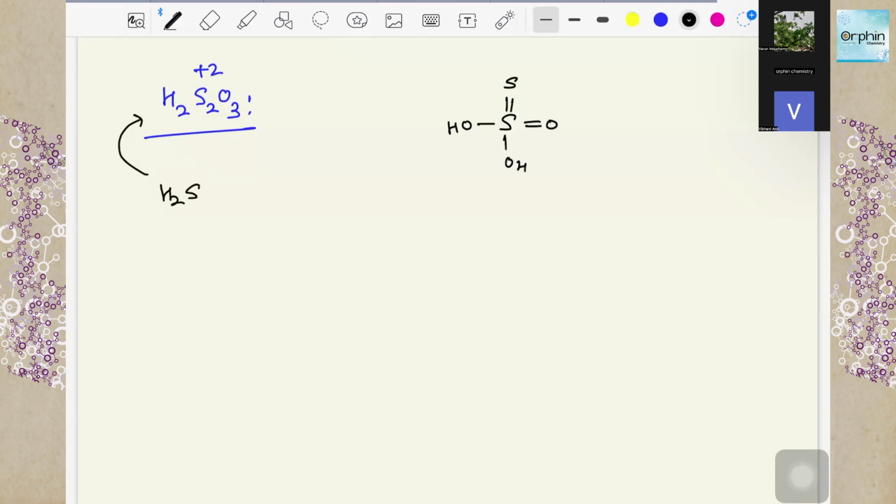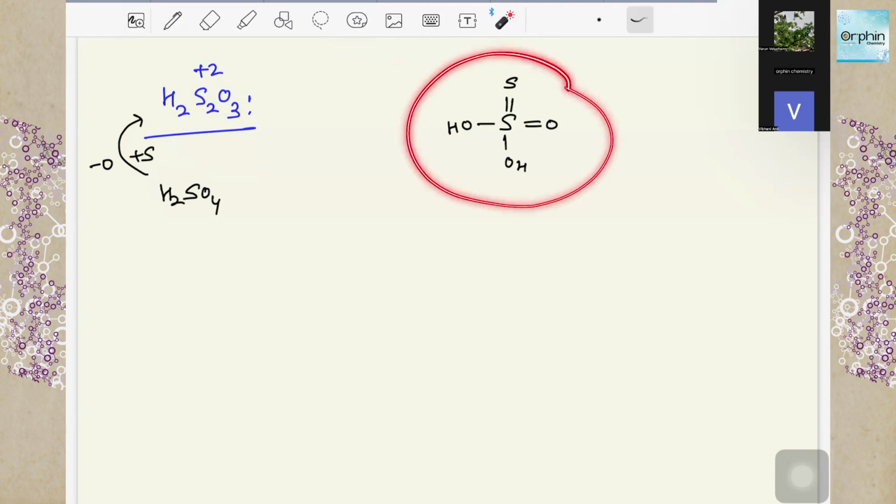What is H2SO4? Sulfuric acid. When we remove one oxygen from sulfuric acid and add one sulfur instead of that, we have H2S2O3. Right? You removed one oxygen from sulfuric acid and in its place you added sulfur. So this will be the structure. And we know how H2SO4 looks.